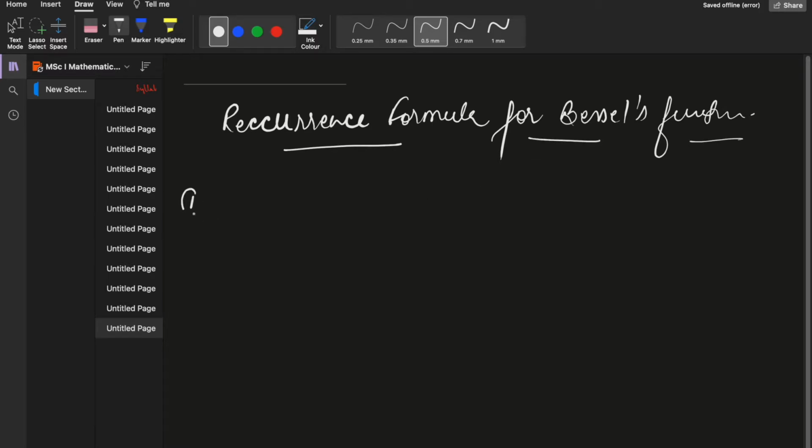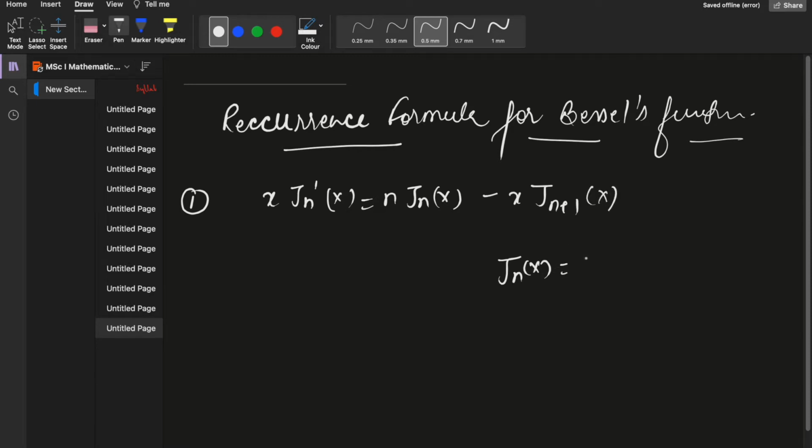So the first relation says x J_n dash x is equal to n J_n x minus x J_(n+1) x, where J_n x is the summation r tends to 0 to infinity of (-1)^r upon factorial r factorial n plus r, times (x upon 2) to the power n plus 2r.